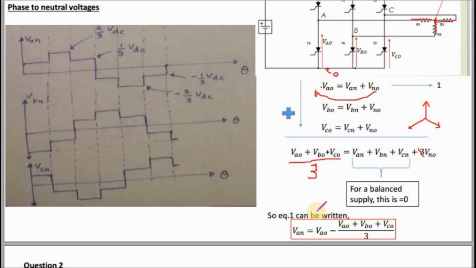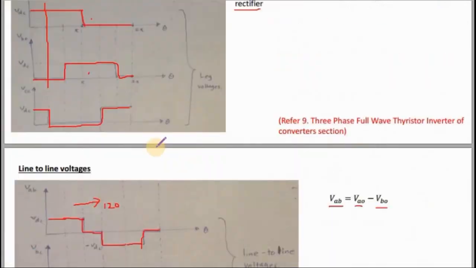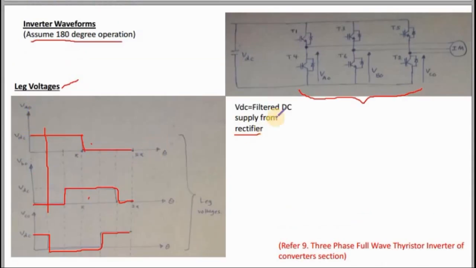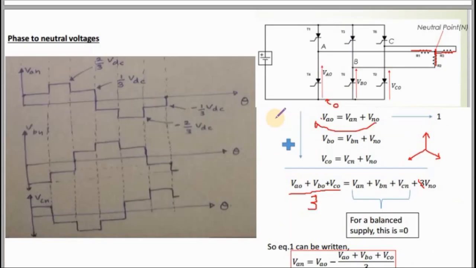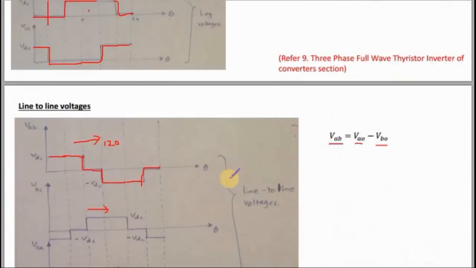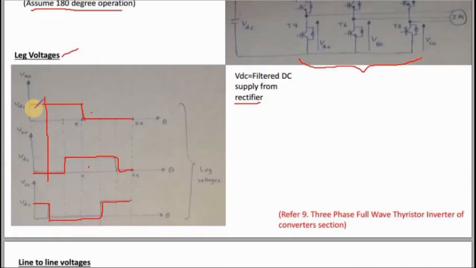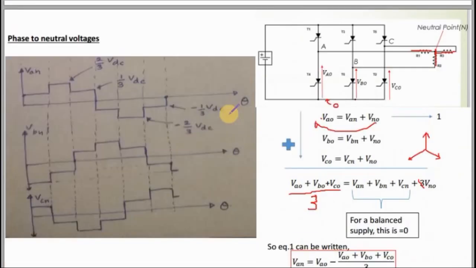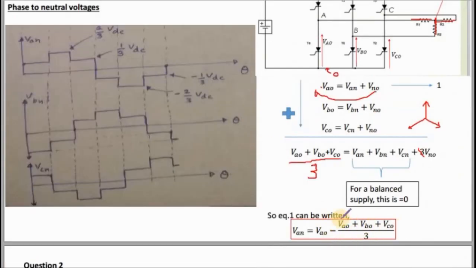Now we can take VAO from here, VAO plus VBO plus VCO, same as previous, using this one, and divided by 3. So using this equation you can derive these 3 graphs, this one, that one, and this graph.